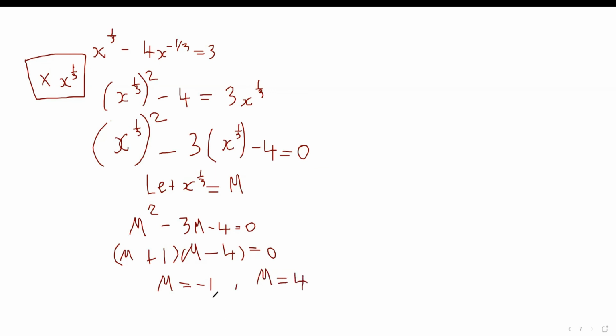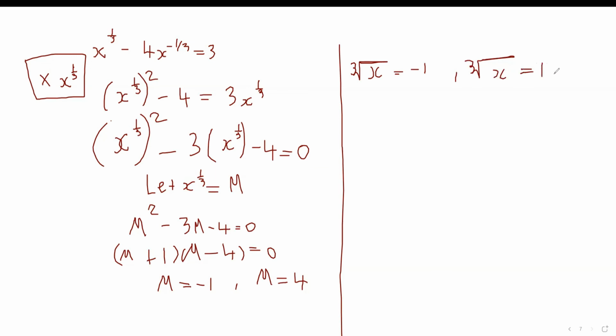If m equal to minus 1, let's finish it over here. Remember, m was x to the 1/3. So that means x to the 1/3 can be written as the cube root of x. So the cube root of x equal minus 1, or the cube root of x equal to 4.